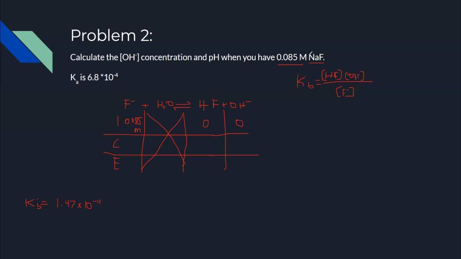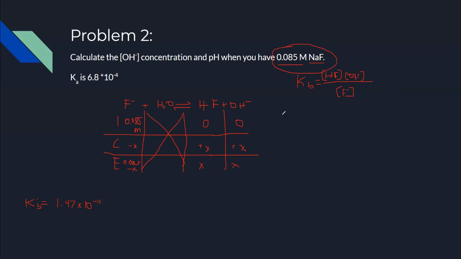You don't know anything else other than this over here, so you just use X. So 0 plus X, 0 plus X, and minus X. And so what you get is 0.085 minus X, and it'll just be X, X.